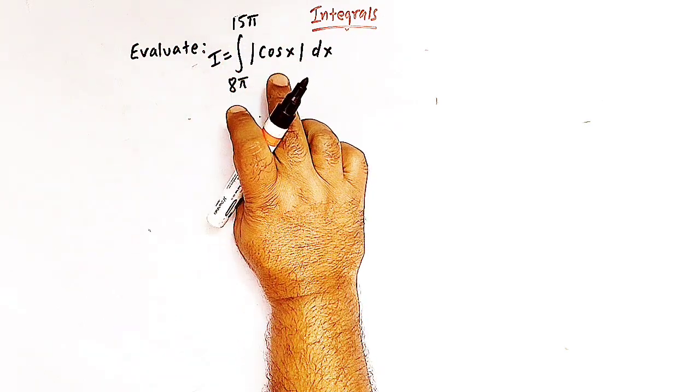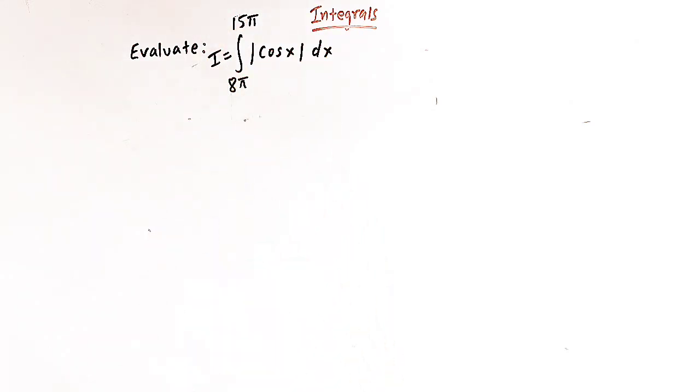Now, in order to evaluate this integral, we have to make use of two important concepts. The first one is the concept of periodicity of functions, and then we'll make use of the concept of sign convention of trigonometric functions in four quadrants.